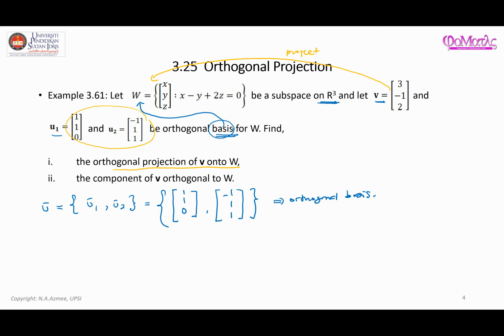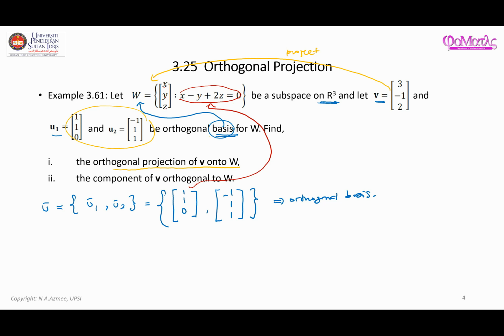Now, notice that this vector here, for example, has to fulfill the definition of W. So W here is the set of vectors (x, y, z) such that when you do this operation, x minus y plus 2z, the result is 0.